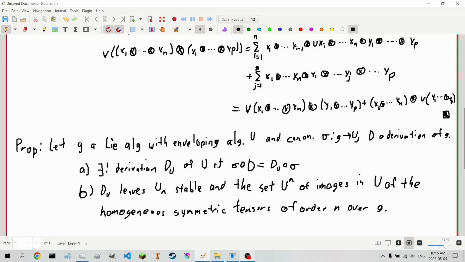Now, there are, in fact, two more conditions, which were on a different page. So let's take a look at those as well.